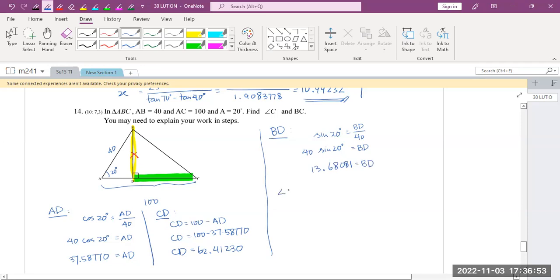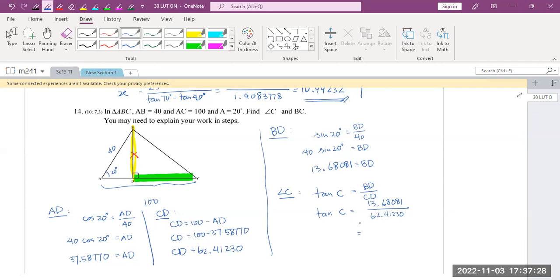Now angle C will be the tangent inverse. Tangent of C is BD over CD. Plug in numbers: 13.68081 over 62.41230. That's 0.2 something.